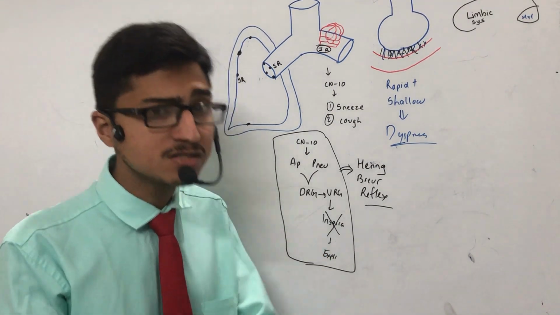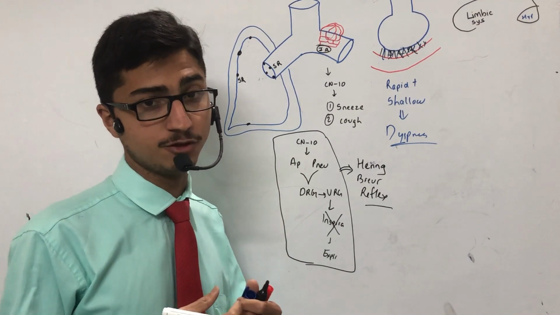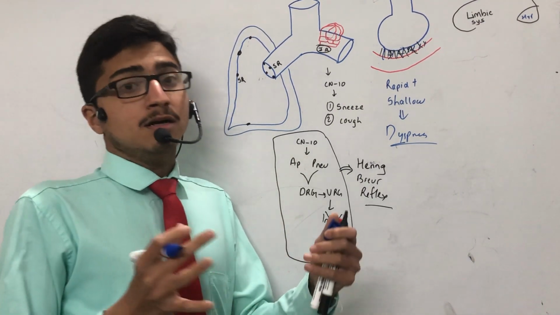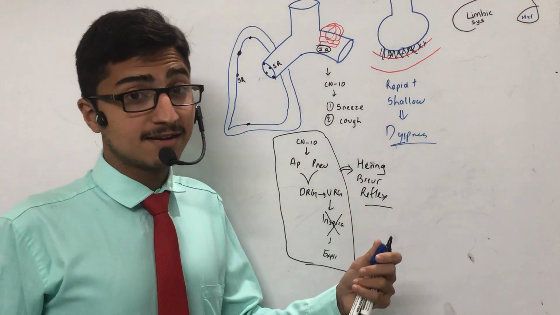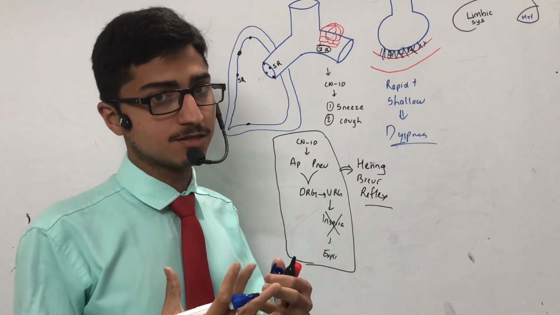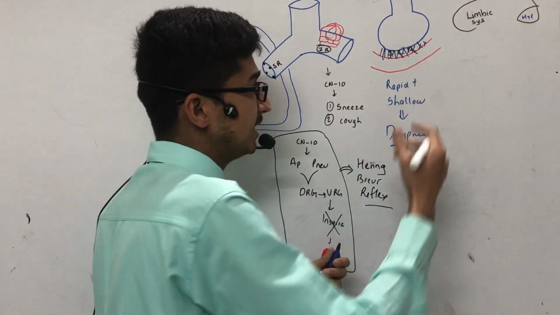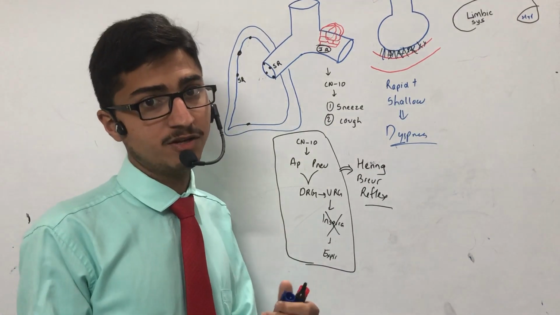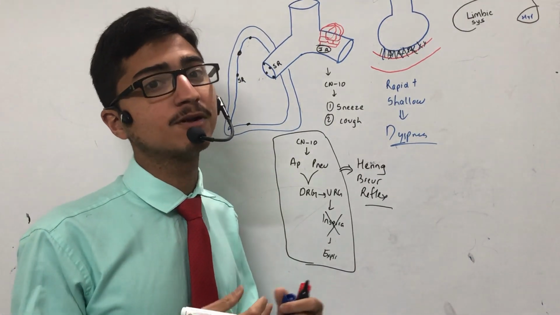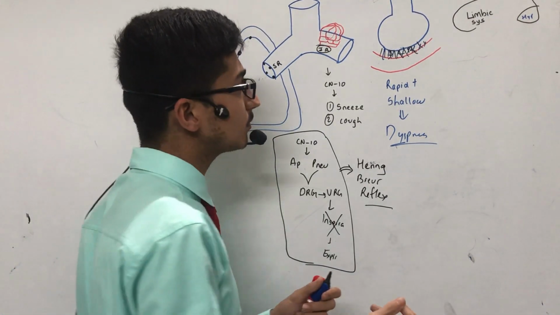What is the first reflex we will have? That is, right, deep inspiration. So here I want to underline that the hypothalamus also plays a role in the process of breathing.